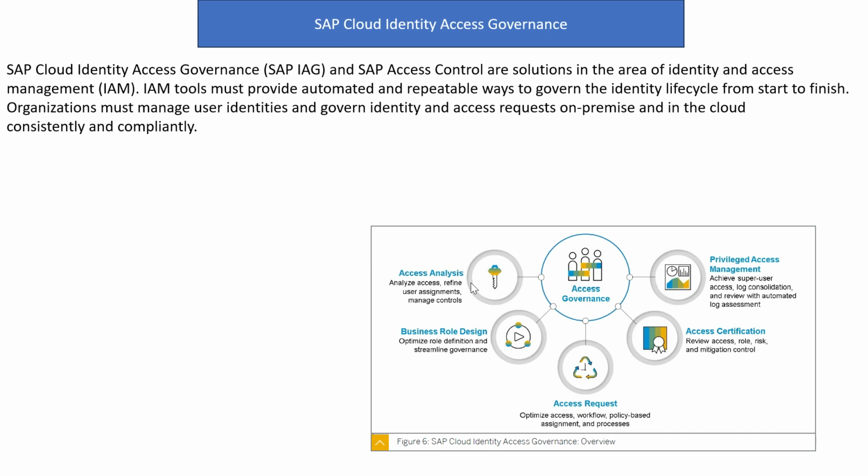So now the next one is business role design. We had business role management in SAP GRC Access Control, BRM, right? With BRM we need to import all the roles from the plugin system into GRC Access Control.